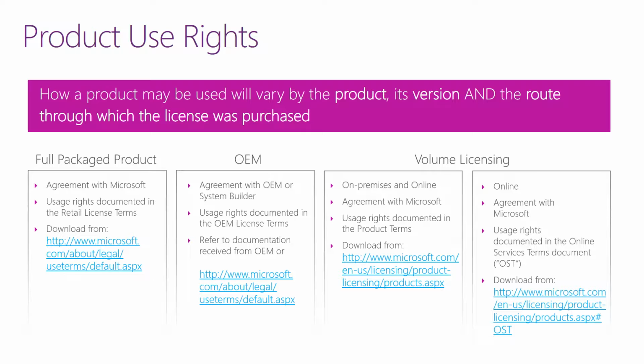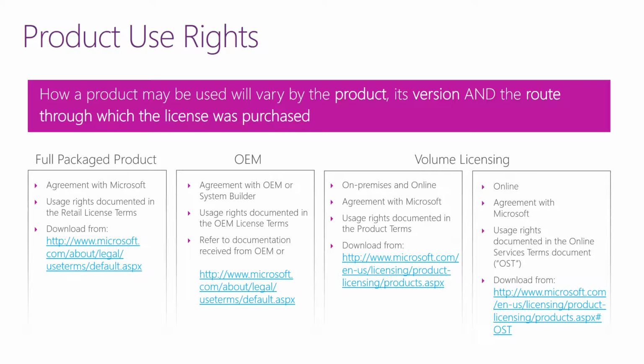For FPP and OEM, you go to the website that you can see the link for on the slide here, and there you fill in an online form choosing whether you've purchased your software as FPP or pre-installed, and then you select the version and edition of the software, and finally a PDF document is generated for you which contains all the usage terms. For volume licensing, there are some documents that are generated on a monthly basis that document the use rights.